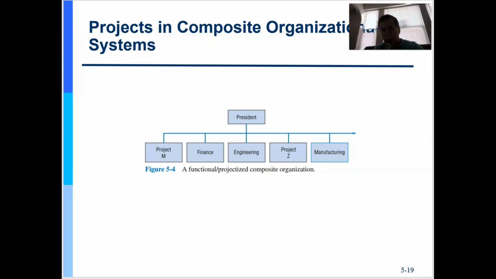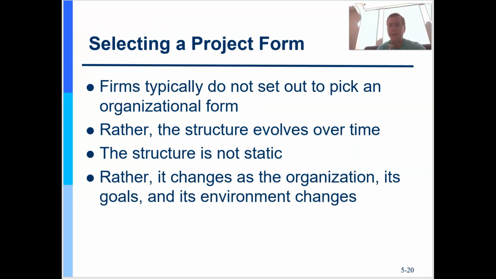And a composite organization really blends the functional, matrix, and projectized types of organizations together into a useful need. So you want to select the project form that's appropriate. And frankly, your organization has been evolving over a long period of time, and it's largely going to do it for you, especially if you have a PMO, a project management office.